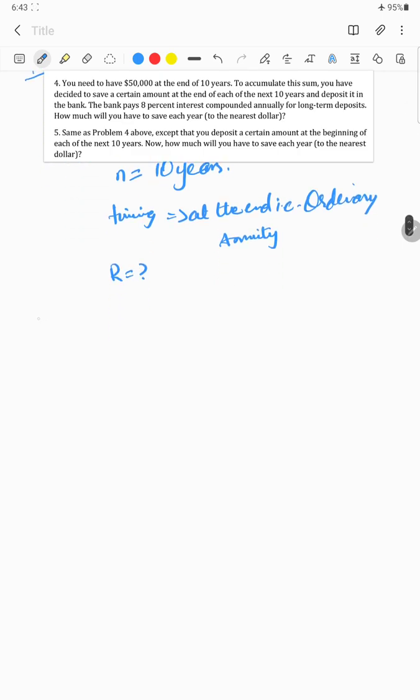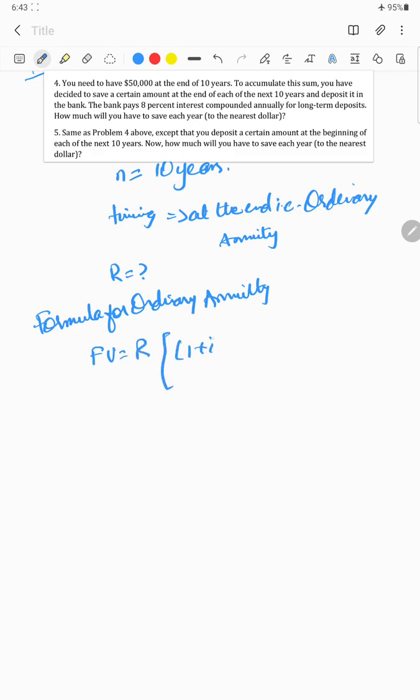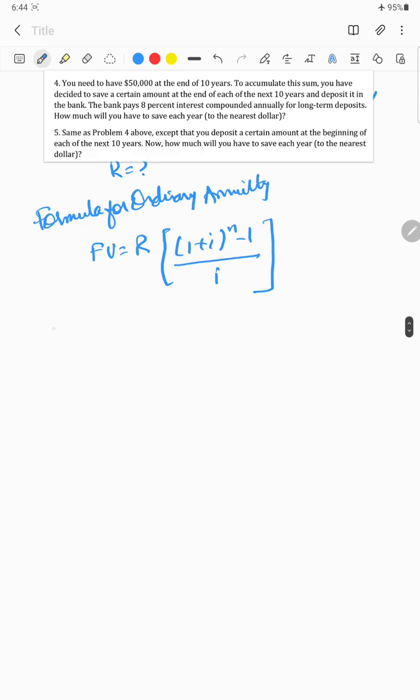So we will use the formula for ordinary annuity, which is F equals R times (1 plus I) to the power n minus 1, upon I. Let's put values in the formula.